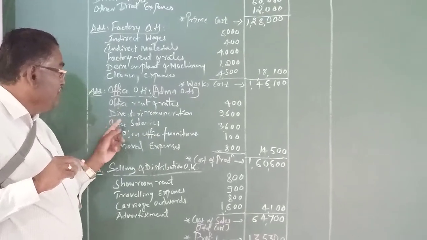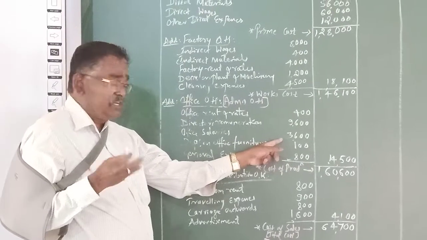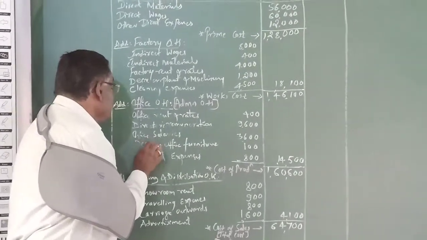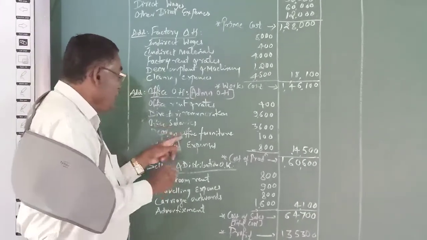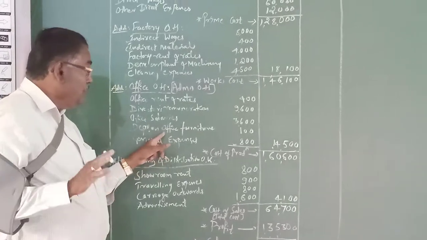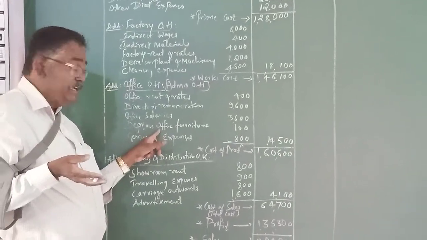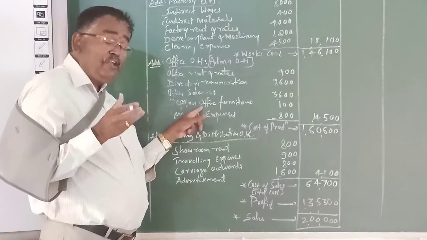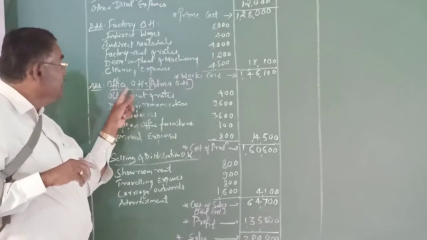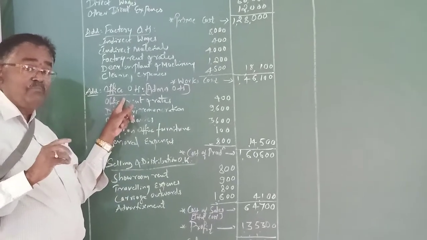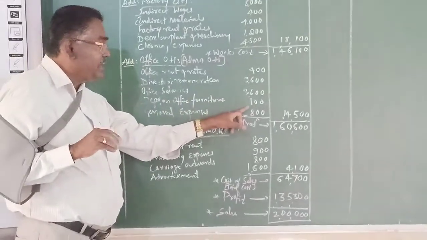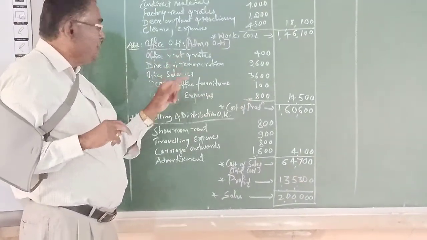Then the office salaries given to the manager, 3,600, are taken in this case. Then depreciation on office furniture. Any depreciation provided on office assets like office furniture or office building is taken under this office overhead. Here the depreciation on office furniture, rupees 100, is taken under this office overhead.